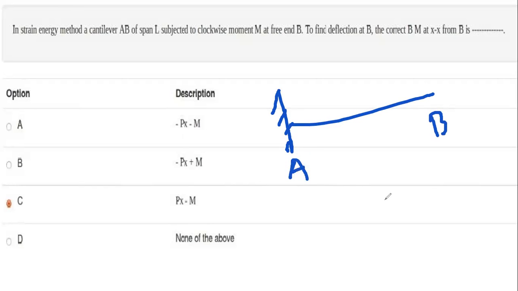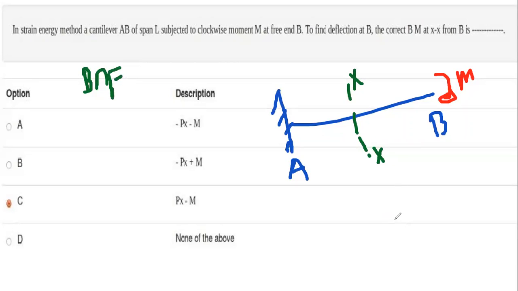The concept here is the strain energy method, or Castigliano's theorem. Cantilever AB is subjected to the moment capital M, and suppose this is the section line XX. At that particular section XX, we want the bending moment equation.